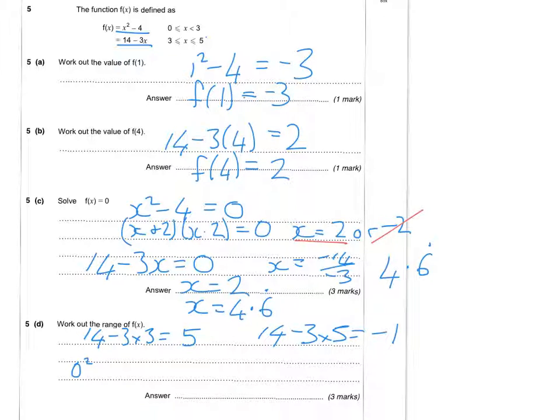0 squared minus 4 is equal to minus 4. And 3 squared minus 4 is equal to 5. Okay. So it would appear our function looks something like this.